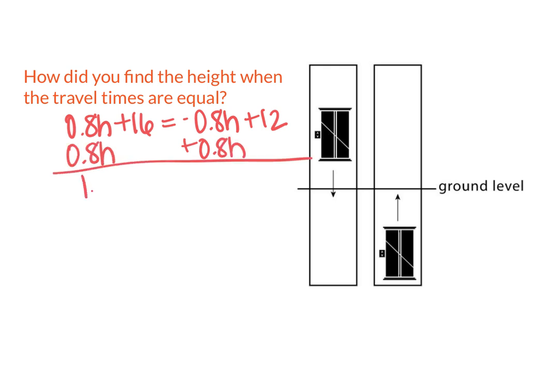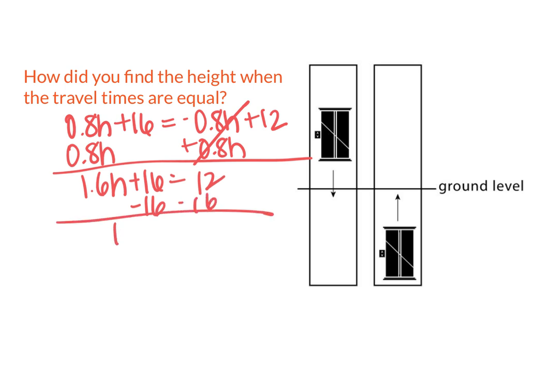Once I do that, I get 1 6/10 h plus 16 is equal to 12. Subtract 16 from both sides. 1 6/10 h is equal to negative 4. So now I have to divide both sides by 1 6/10. Once I do that, I get that my height is going to be negative 2.5 meters.